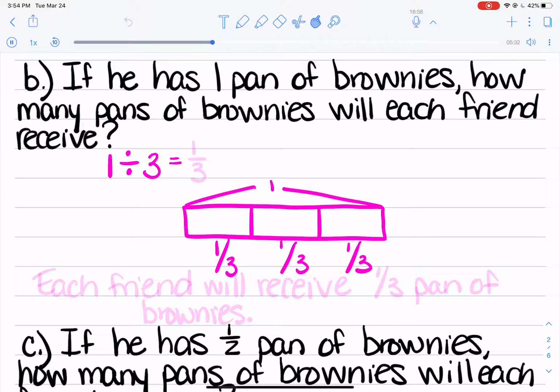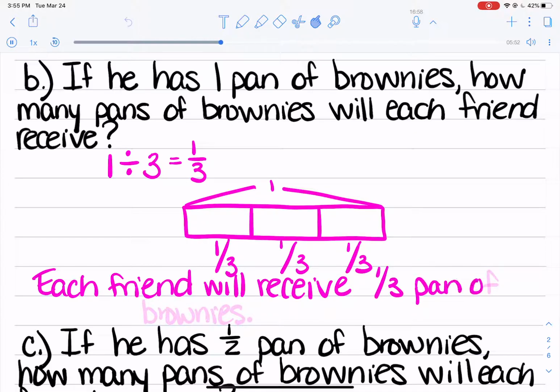You don't really have to draw a tape diagram for that, but I just want you to understand that. Each friend will receive 1/3 pan of brownies.